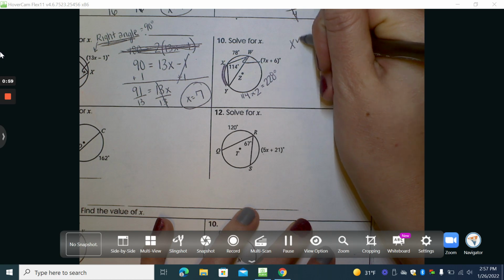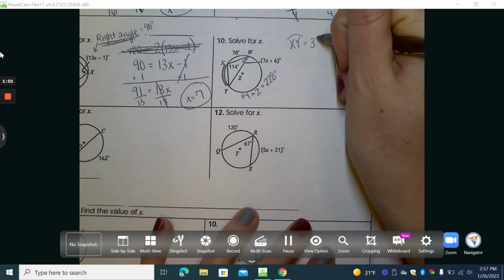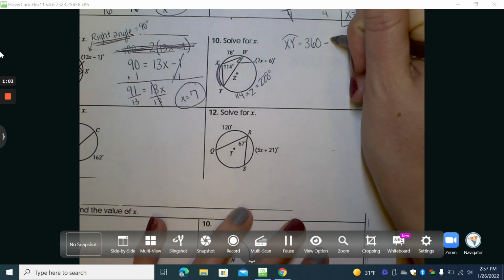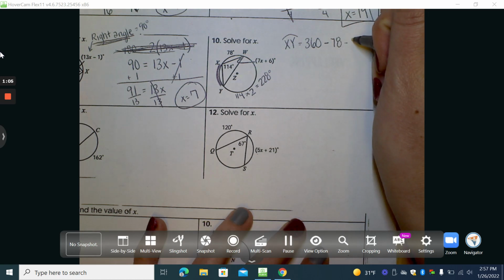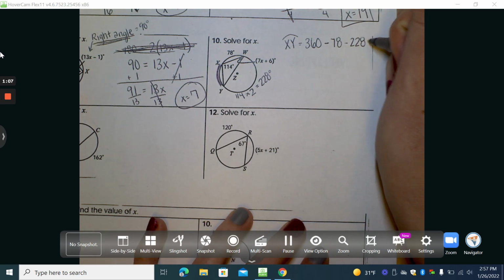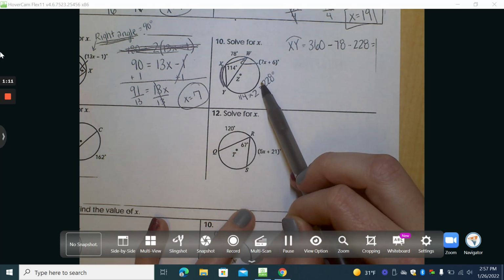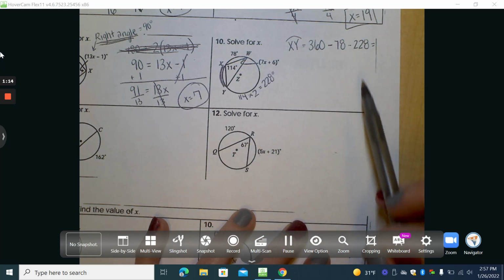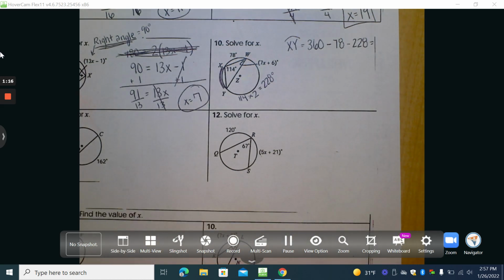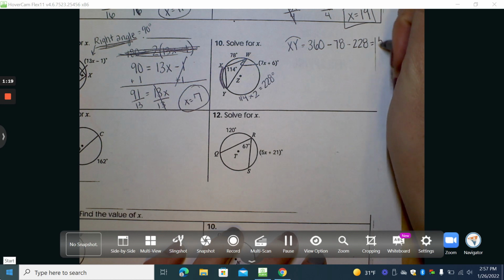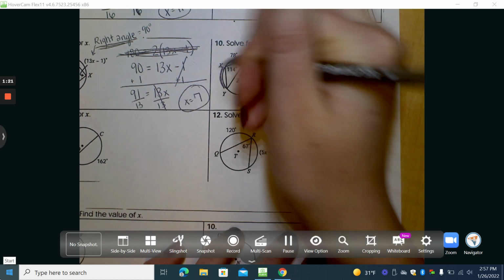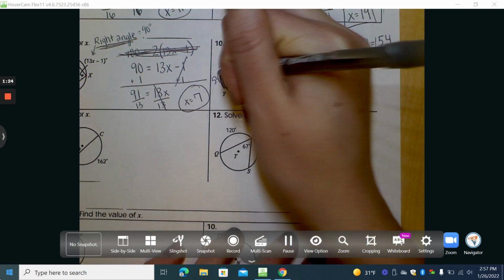So XY is essentially 360 minus those other two pieces, minus 78 and minus 228. It's the whole circle minus this arc and this arc. And so 360 minus 78 minus 228 gives me 54 degrees. So XY over here is 54 degrees.